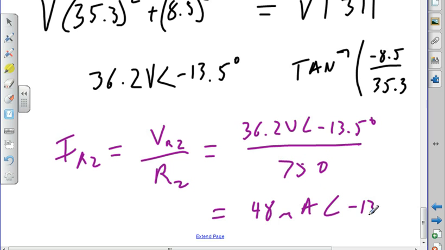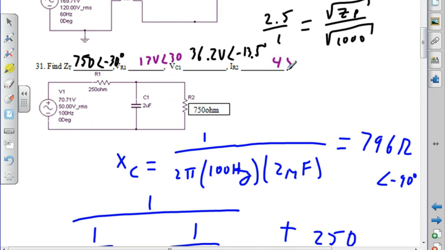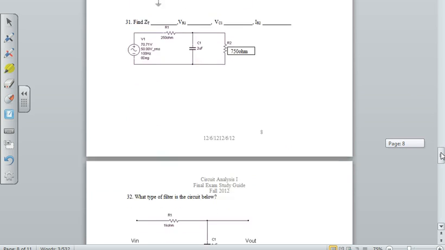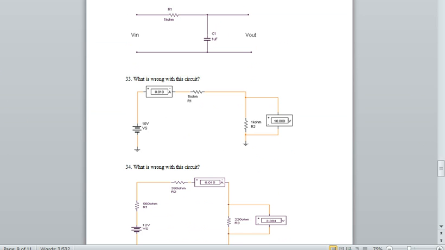Angle minus 13.5. 48 milliamps angle minus 13.5 degrees. Well, that was easy enough, done. I hope the other ones are just as hard. What was the current again? I have no idea.